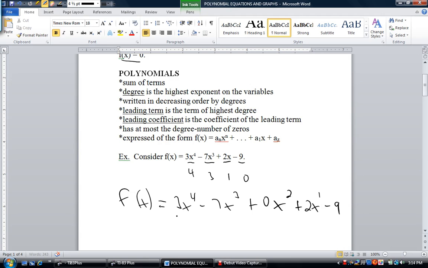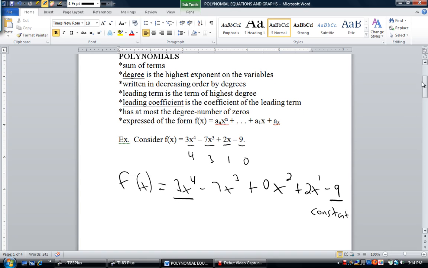The term that begins the polynomial is called the leading term. The one at the end is called the constant. The one that doesn't have a variable, because it will never change. All the other terms can change based on what x is. Now, the leading coefficient is the number in front of the leading term. That should only make sense.